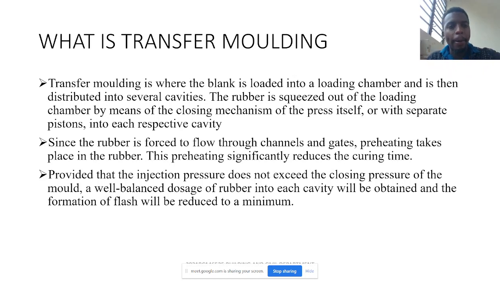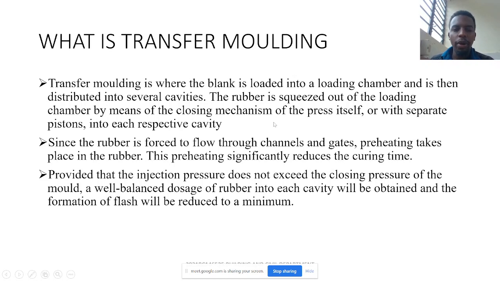It is where the plastic blank, as we call it, is loaded into a loading chamber. When that plastic is loaded there, it is preheated using various mechanisms in that transfer mold chamber.